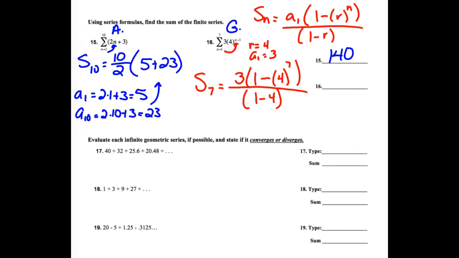All right, grab your calculators. Double check how you type that in. All right, total here, 16,383 for your sum. Okay.